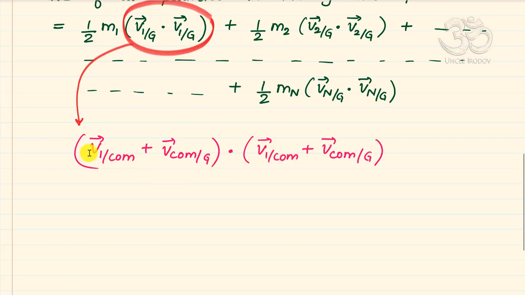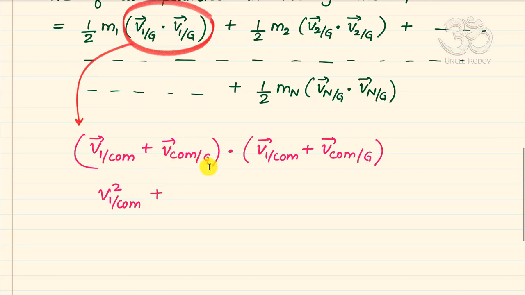That will be the magnitude square, so the first term will become V1 with respect to the center of mass square. I'm going to put the vector sign on top because it's a magnitude square. This is this guy's magnitude times this guy's magnitude times cos of 0, so I've just got a magnitude square here.